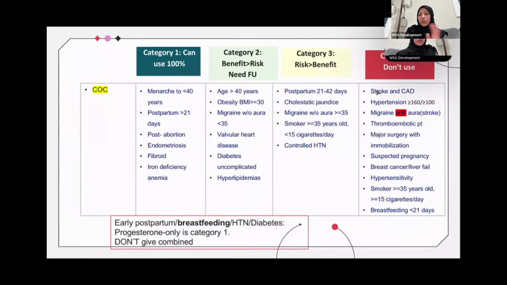And what you don't want to use it in is someone who has stroke, someone who has artery disease, severe hypertension. You see here, where's hypertension? Controlled hypertension is gray area. It's still a risk, but if they are severely uncontrolled, it's absolute contraindication. Let's talk about migraine. Migraine without aura in general is a gray area, depending on the age.